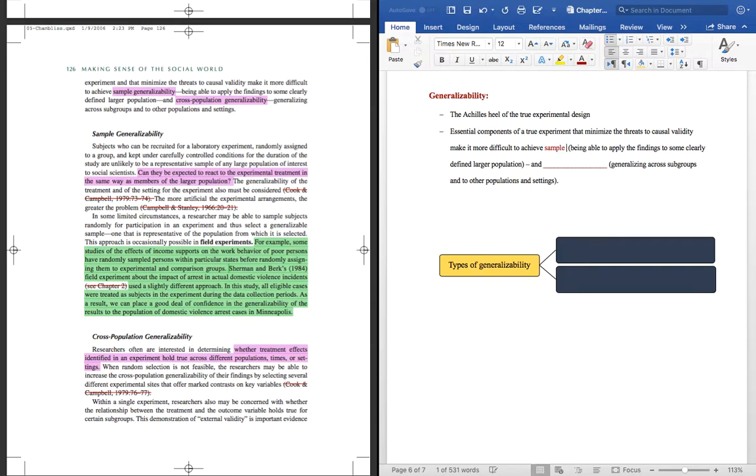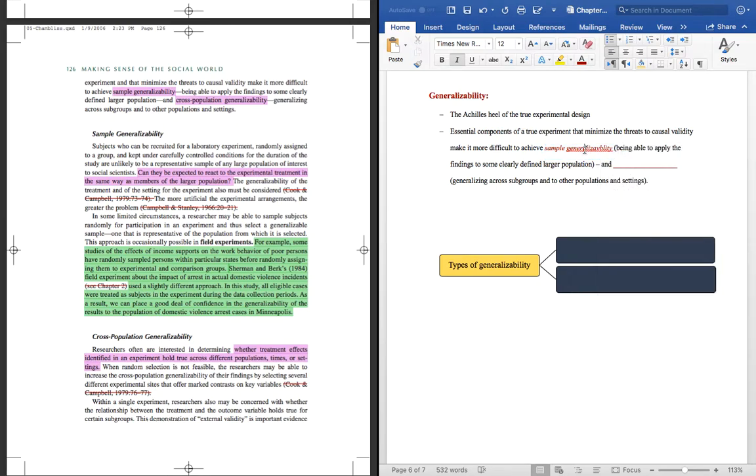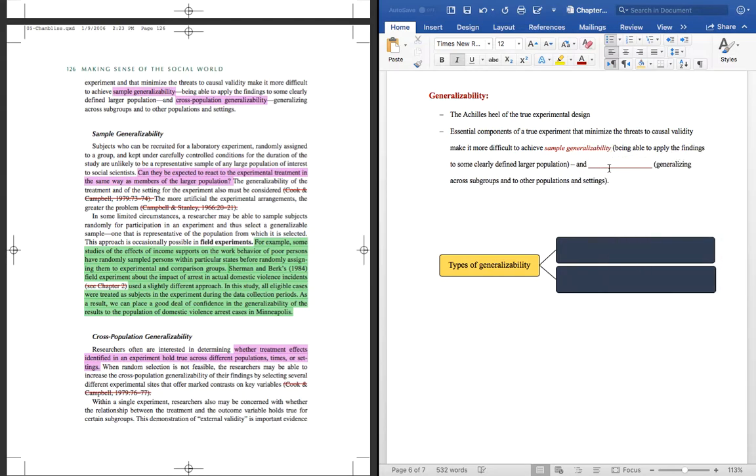Either we have a sample generalizability, which refers to being able to apply findings to some clearly defined larger population. So we basically want to see whether our sample is representative of our larger population. So this is the definition of sample generalizability.